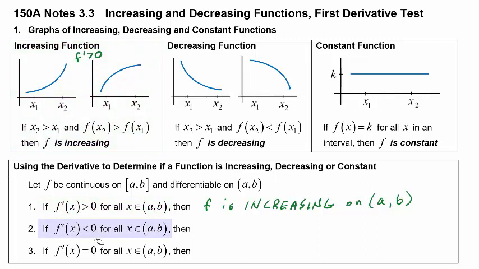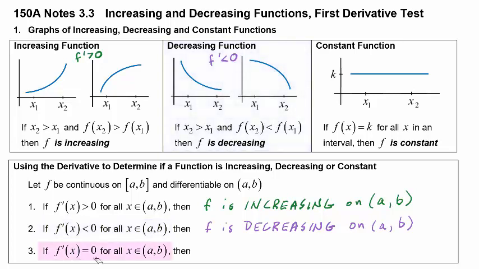If f prime of x is less than 0, meaning the derivative is negative for all x on the open interval from a to b, then we say f is decreasing on the open interval from a to b. So for these decreasing functions, in both cases, the y values are getting smaller as we go from left to right, so that means the derivative was negative.